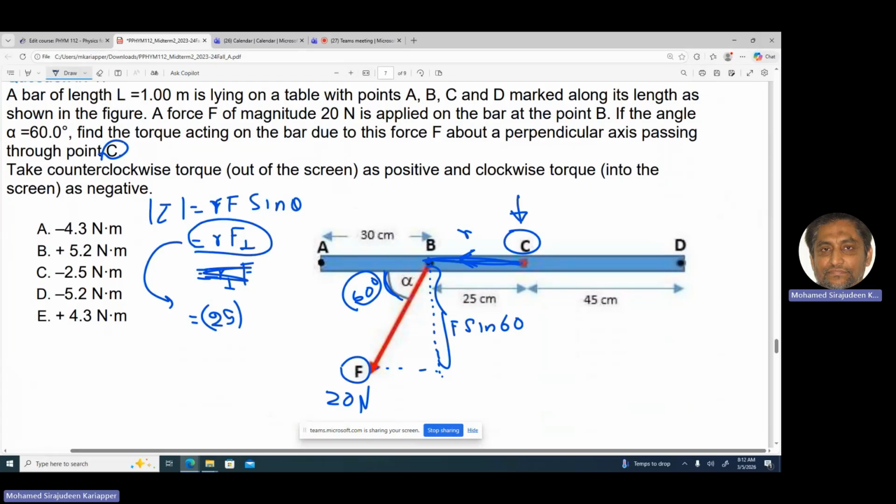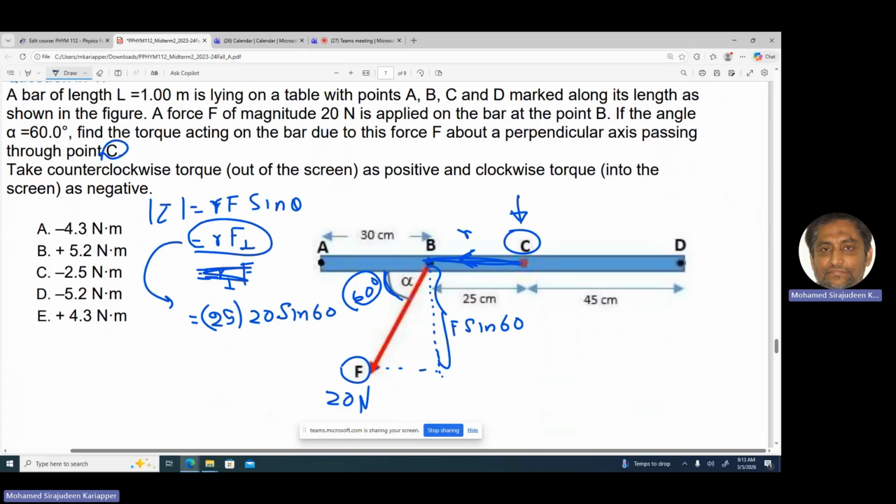The theta is alpha there. You don't look for where is theta. You can label the angle anything you want. You should be able to pick the correct angle. So what is it? F is equal to 20 sine 60. So that's the magnitude.